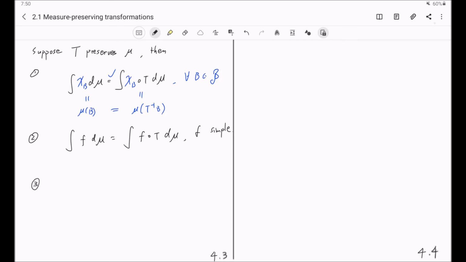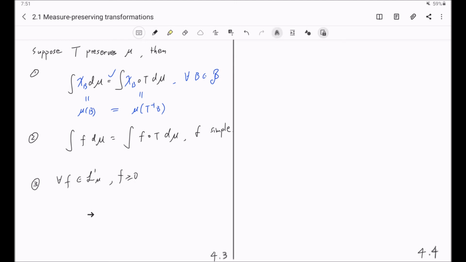Now the third step. For the third step, we're going to prove this for non-negative functions. Specifically, let f be an integrable function and f is non-negative. It should be understood that this is non-negative almost everywhere.